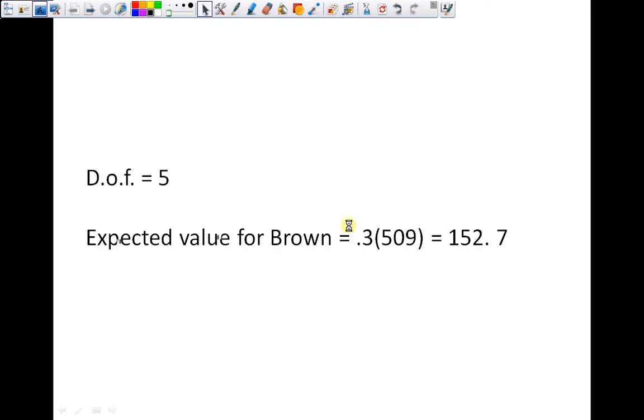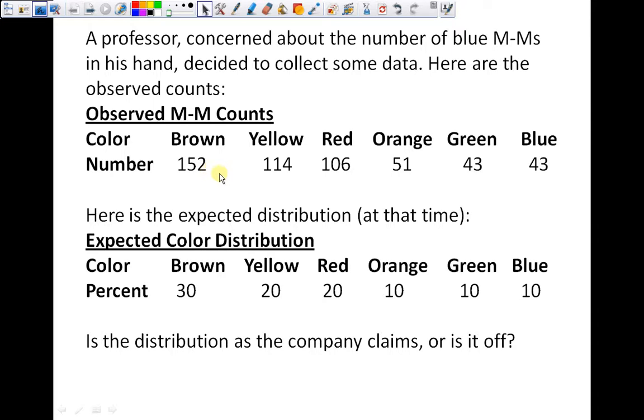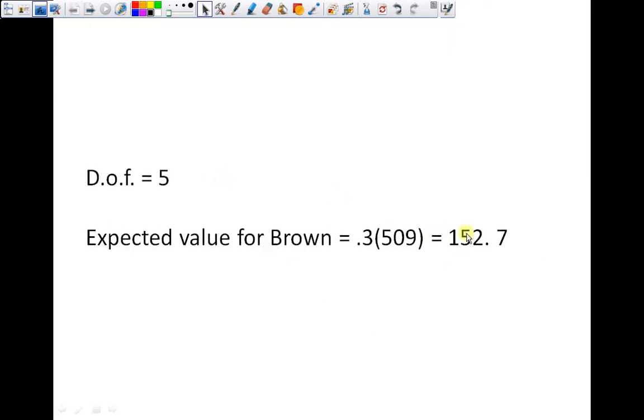So the degrees of freedom is 5, and again, the expected value for brown, you do 30%, and 509 was actually adding up those. That's our sample size. We sampled 509 M&Ms. We expect 30% of that to be brown. So if I go back, we actually got 152, which is really close to the expected value of 152.7.